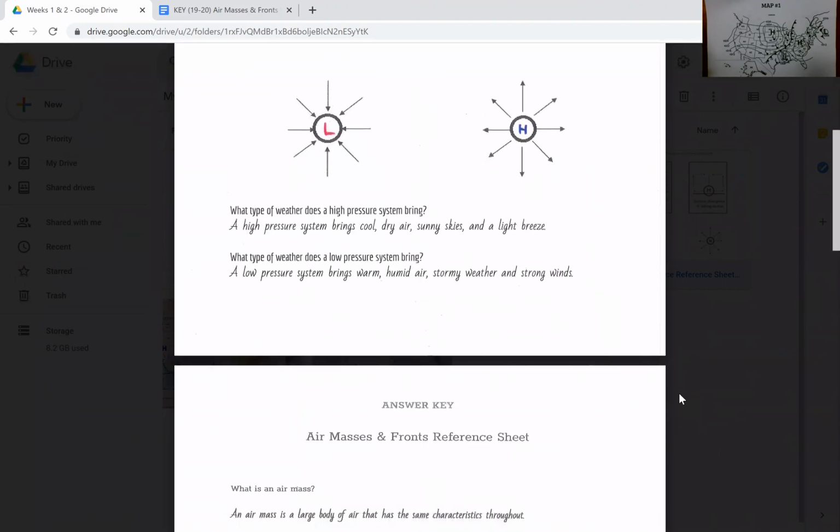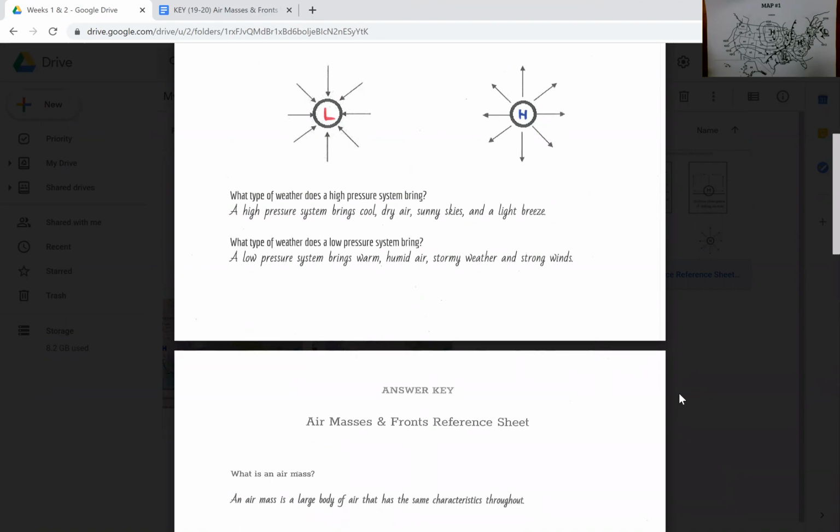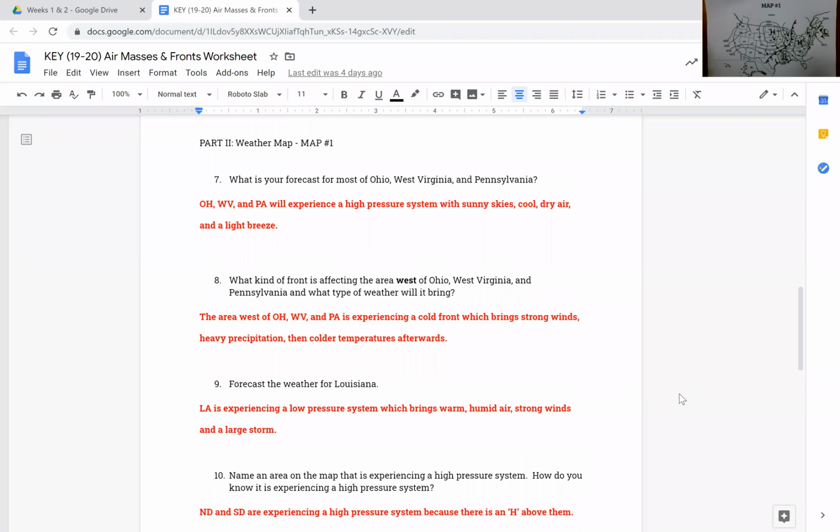So what kind of weather does a high pressure system bring? We have cool, dry air, sunny skies, and a light breeze. So basically, we would be putting over here, Ohio, West Virginia, and Pennsylvania will experience a high pressure system with sunny skies, cool, dry air, and a light breeze.